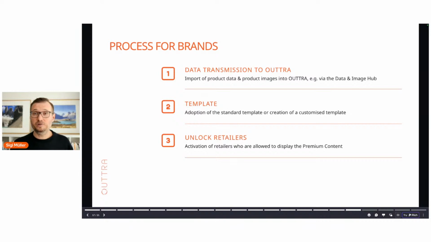So what are the processes to get online with this tool? The first thing for brands is data transmission to OUTTRA. We need the product data, and we need the templates for how to present your products. The import of product data is the most important thing here, and this is normally done via the data hub.